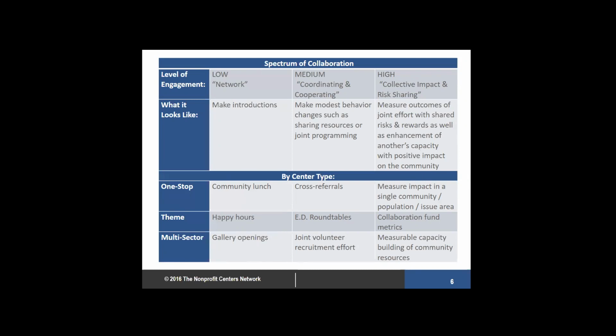And depending on what your community's needs are, you might only need to focus on the low end of this collaboration scale. That might be all your focus is on. So this is kind of our shared language and our shared definition in our network of what we're looking at when it comes to collaboration.